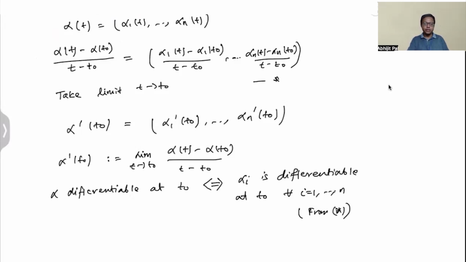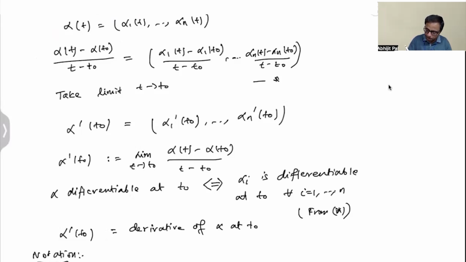Therefore, in this lecture we have learned about differentiability of a curve. Also, I'll be using some notation. Alpha prime t naught is the derivative of alpha at t naught.